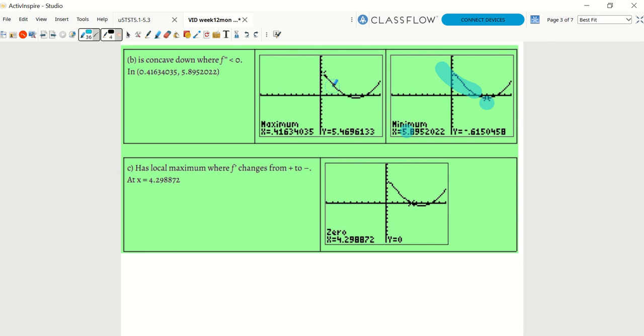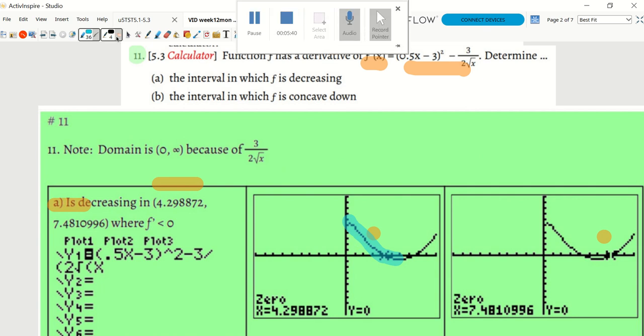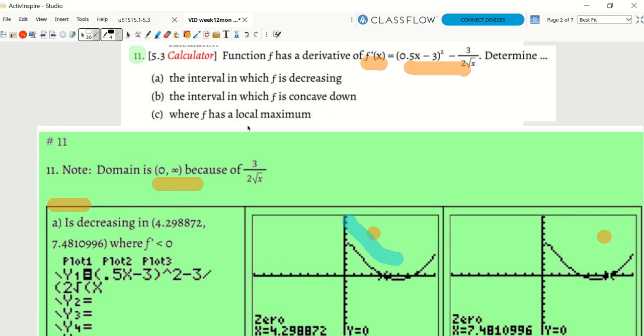Now, a local maximum is where f prime changes from positive to negative. That's obviously here, because here it's positive, here it's negative, and at that x value, do second trace and then go to zeros, which is your x-intercepts, and it's 4.2. That answers C right there, because C is asking for where it has a local maximum. A local maximum is where the slopes go from positive to negative.